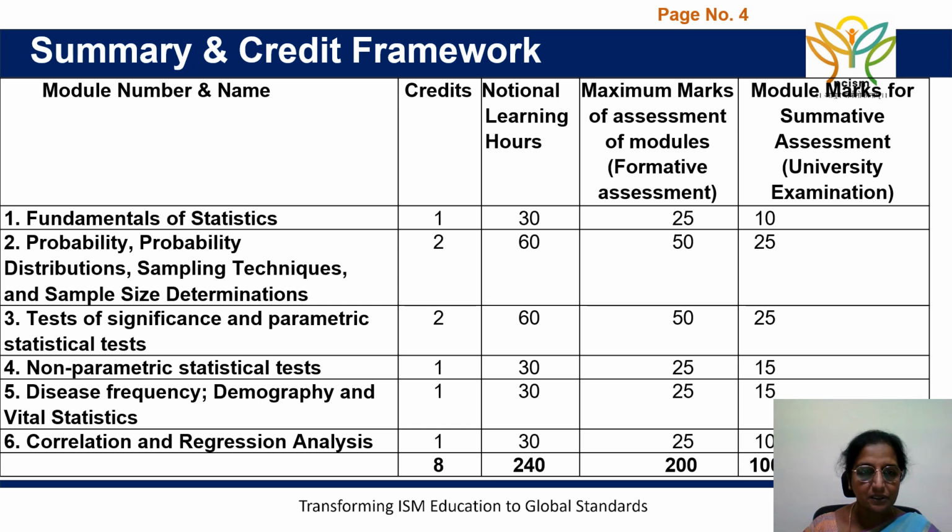Hence, the biostatistics course consists of 6 modules with 8 credits, 240 notional learning hours, 200 marks assigned for the formative assessment, and 100 marks assigned for the university examination.